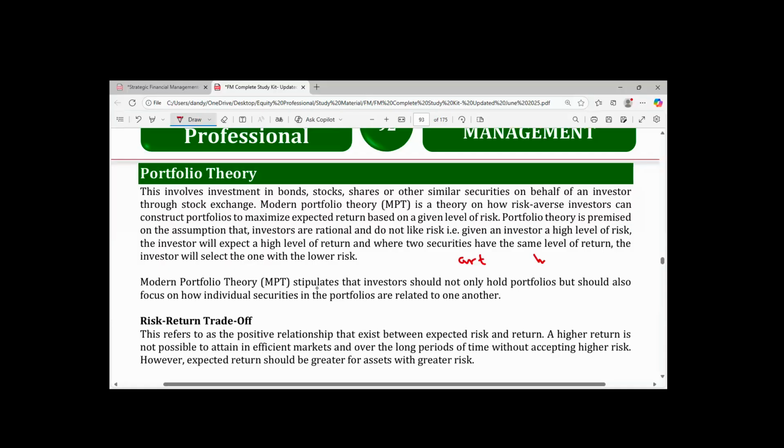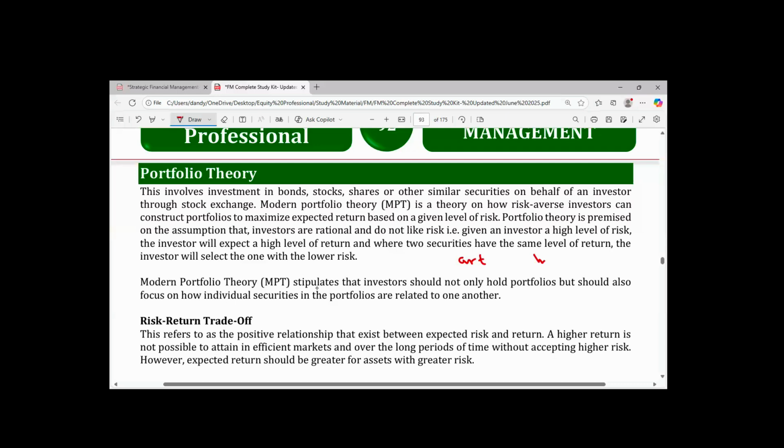All right, because correlation can erode investment, and that's why it is important to give high consideration to how securities in the portfolio relate to one another.